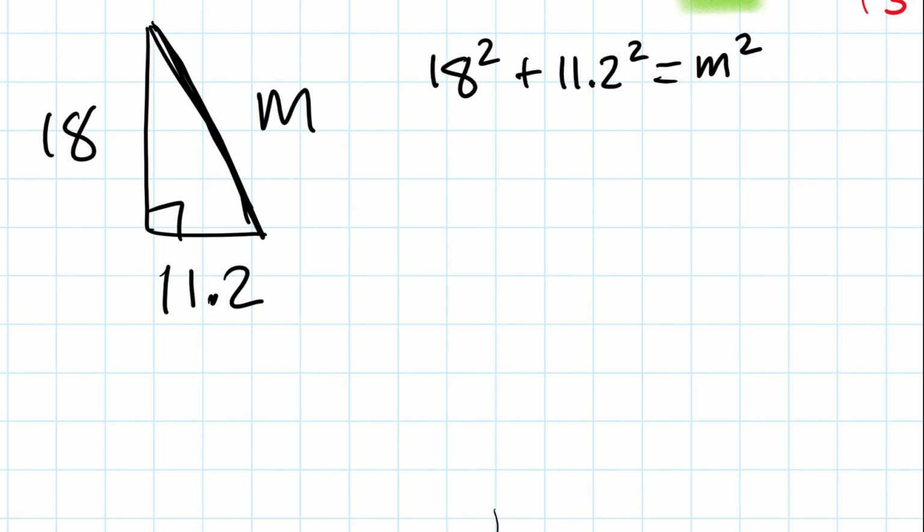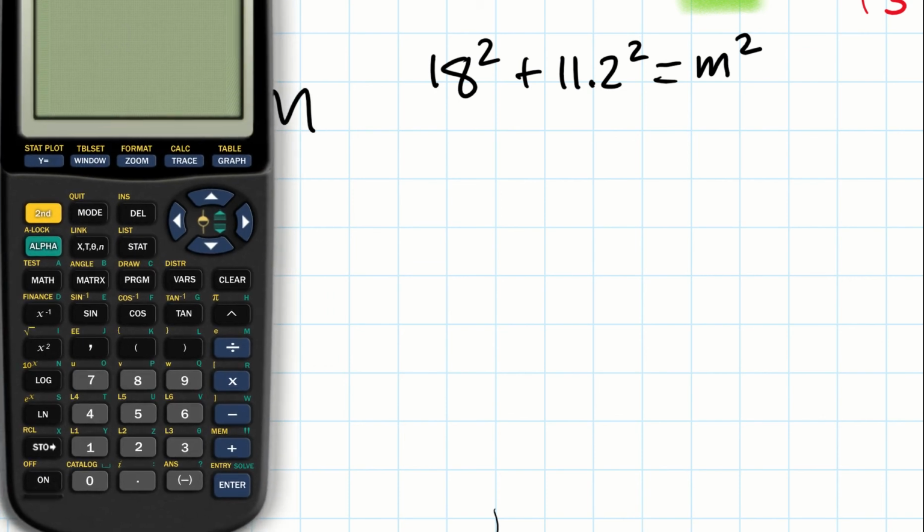So if I grab my calculator here, I'm going to take 18 and square that, then plus 11.2, and square that also, and I get this number. So I get that 449.44 is exactly what m squared is. There are actually two values of m that would work here, but in a geometric setting, I'm just going to use the positive one.